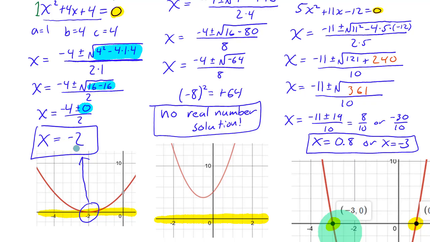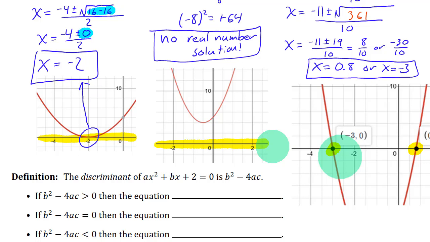So if b squared minus 4ac is equal to 0, then your quadratic equation is going to have one solution. So that's what this is talking about. The discriminant of ax squared plus bx plus c is b squared minus 4ac. So that's the thing inside the square root.